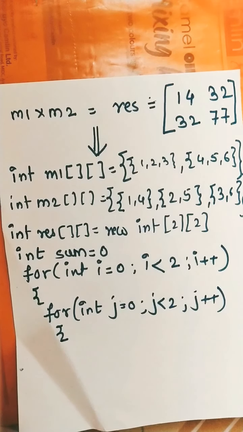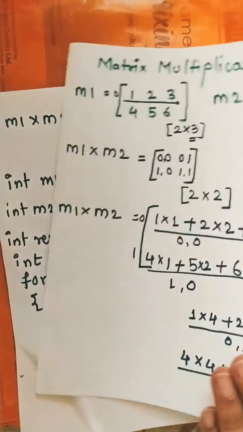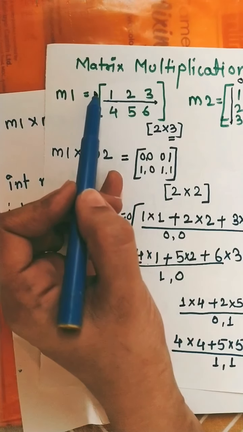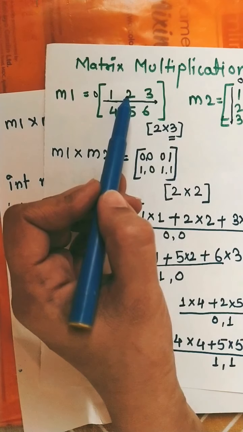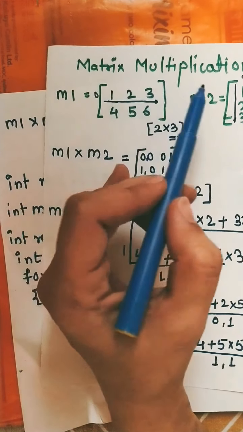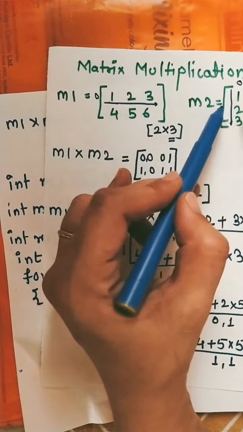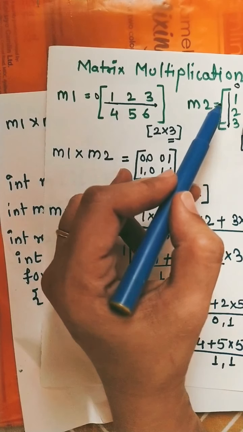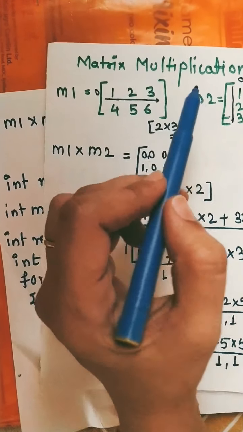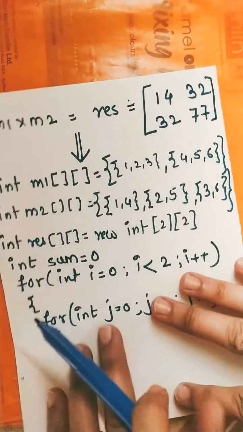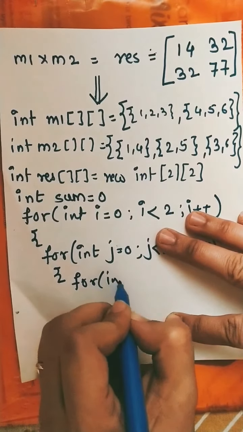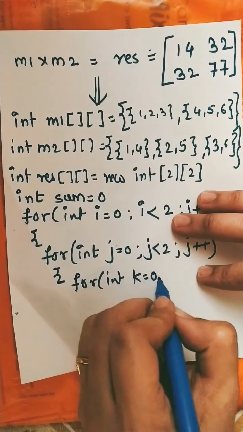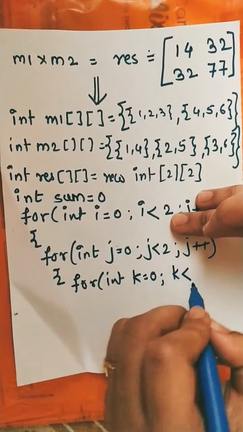Now a third variable you have to take to switch the data. Like here, to switch from the 0th column to the first column, we require some control variable. Here, for switching from the 0th row to the first row, we require some control variable. That's why we are declaring the next variable, integer k equal to 0, k less than.